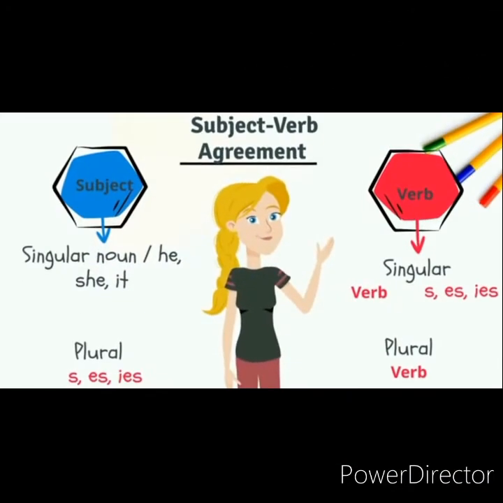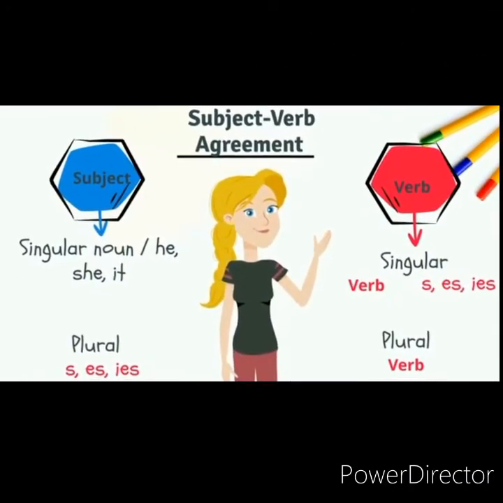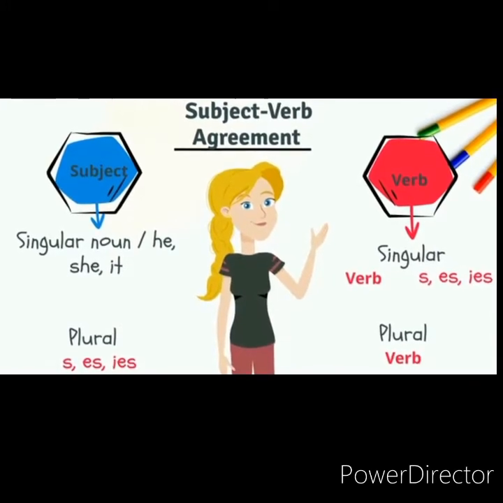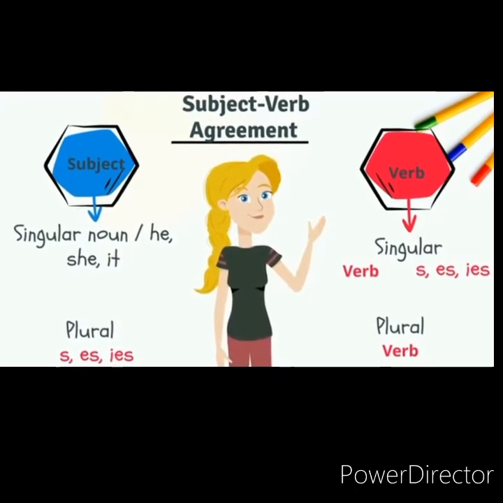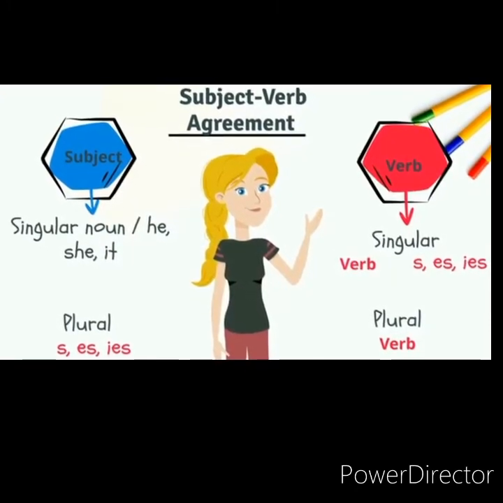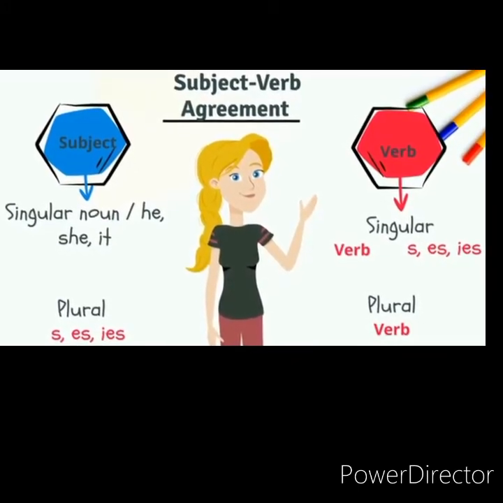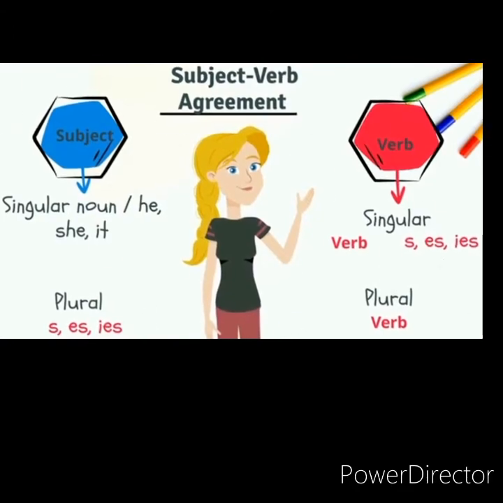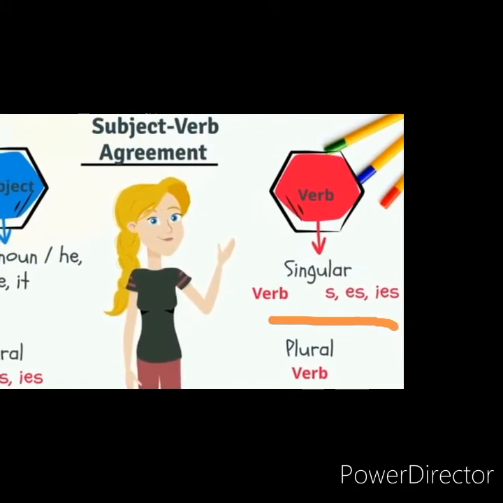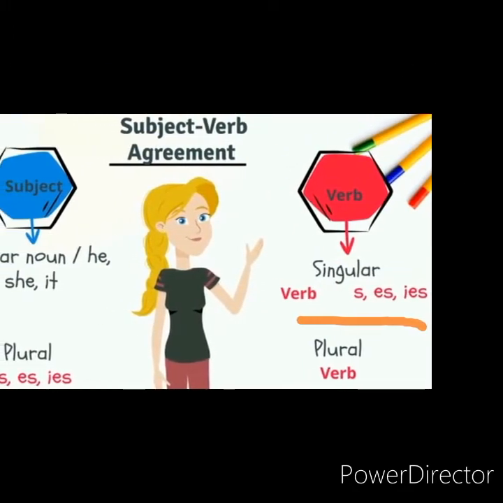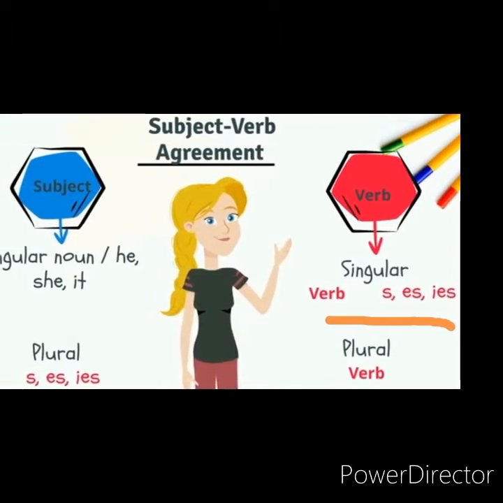Now, how are singular verbs formed? Note down, singular verbs are formed by adding s, es, or ies to the verb.